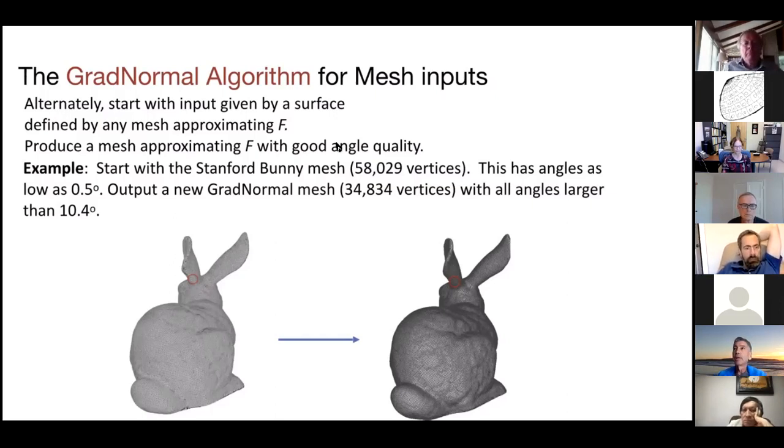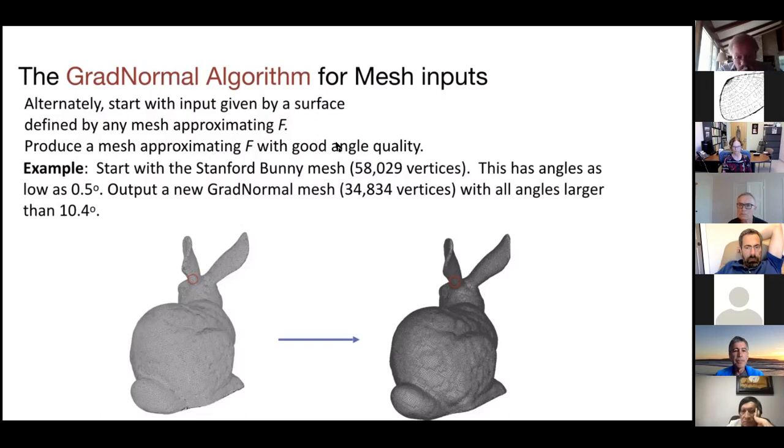They have lots of these slivers in them. The output of standard triangulation routines is terrible. So you want to retriangulate to get good triangles, triangles with no small angles, and get rid of the sliver triangles.